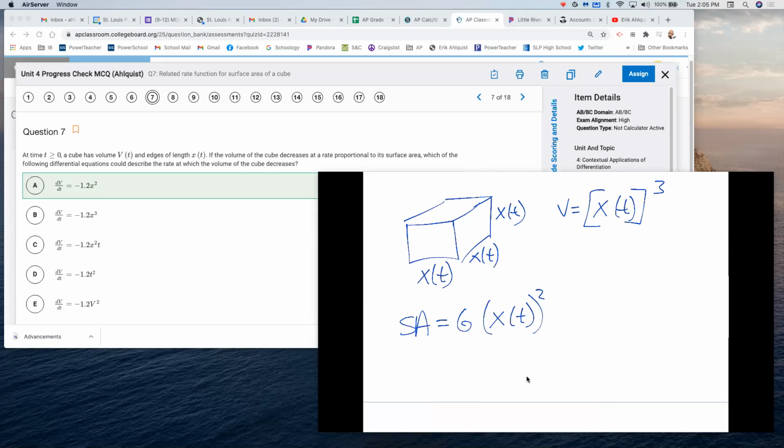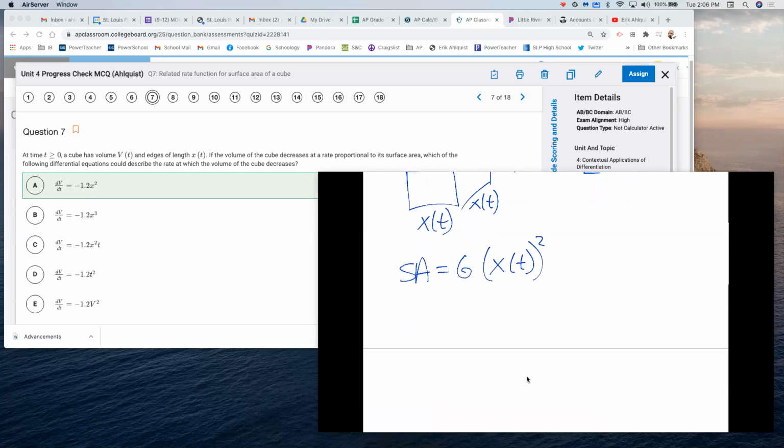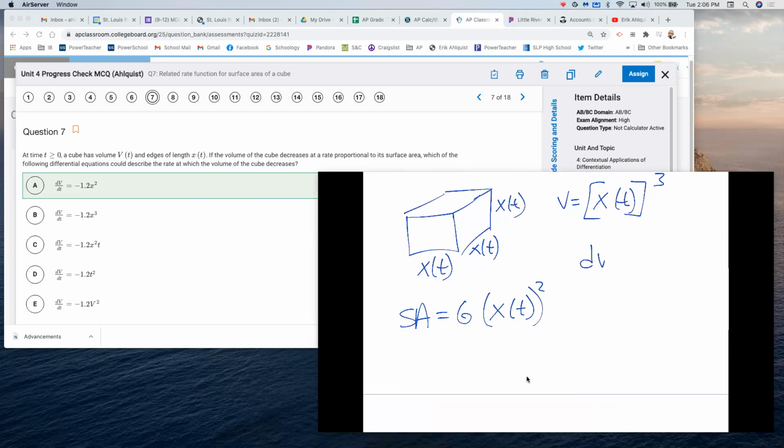Does that make sense? Now, if the volume decreases at a rate, so it's saying dV/dt decreases, which is where that negative comes in.